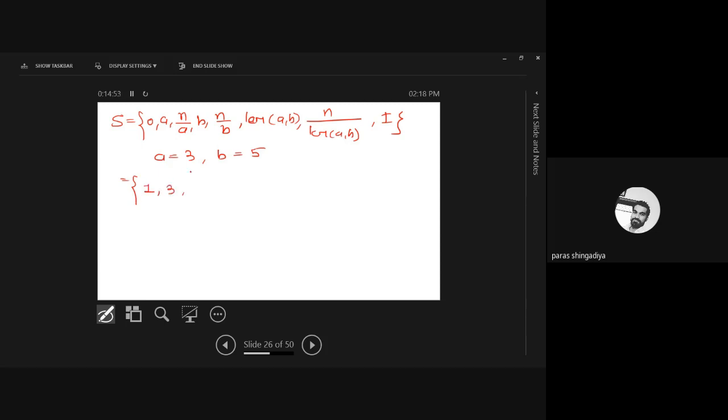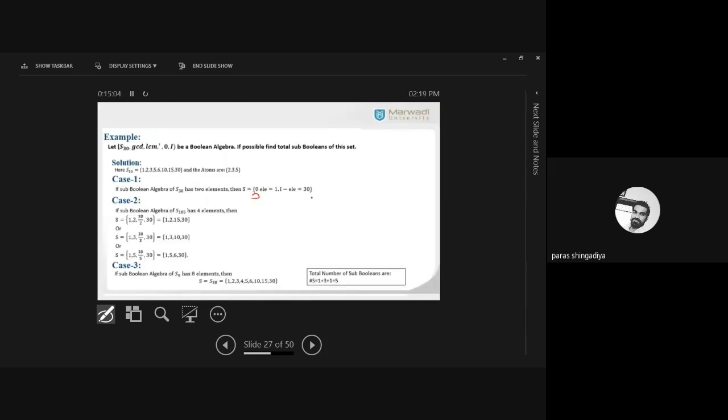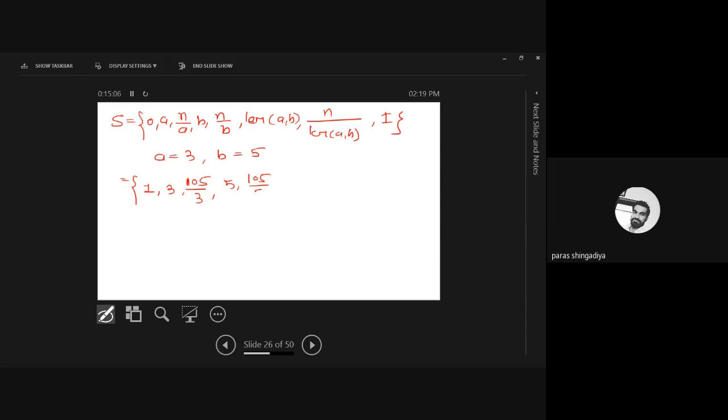A is 3, n is 105 divided by 3. B means 5, n by B is 105 by 5, okay. Then after that next is LCM of 3 and 5, okay. Then after 105 upon LCM of 3 and 5, clear, comma I is 105.